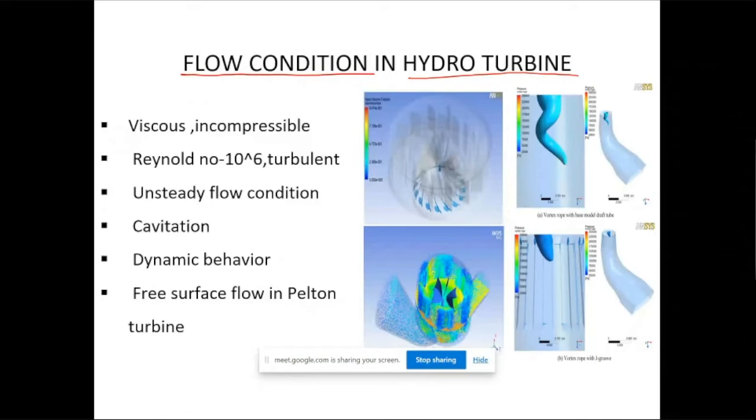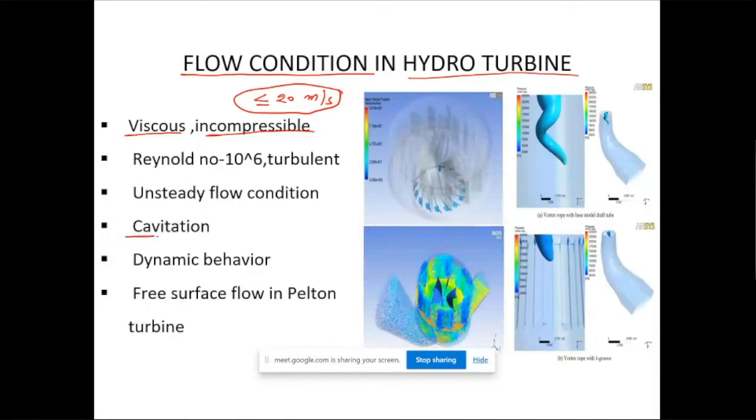So a lot of viscous force we need to account for. The fluid is incompressible because the velocity inside the turbine is less than 20 meter per second. So this kind of flow we can treat as an incompressible flow. Mach number is less than 0.1, you can say.